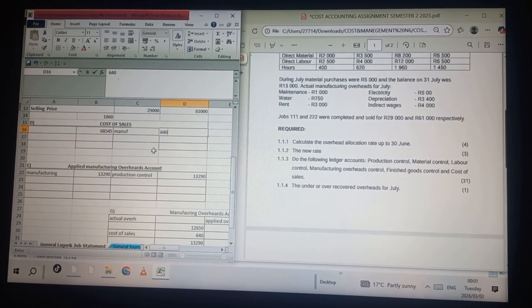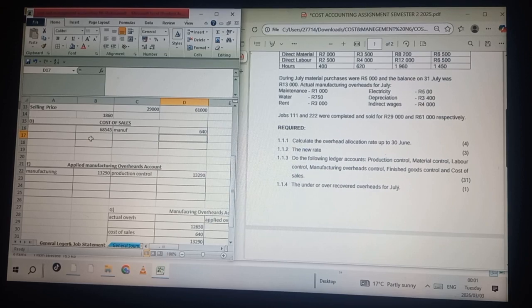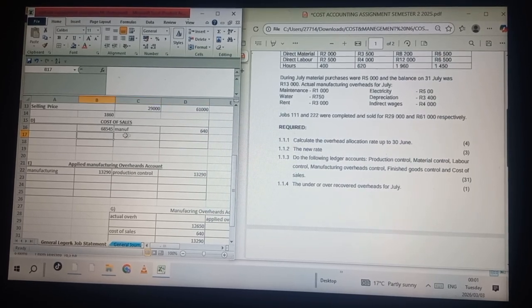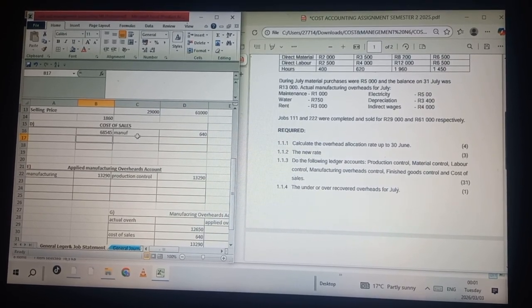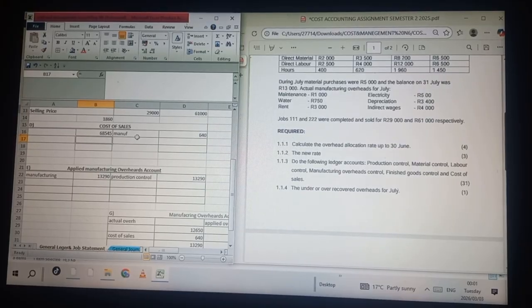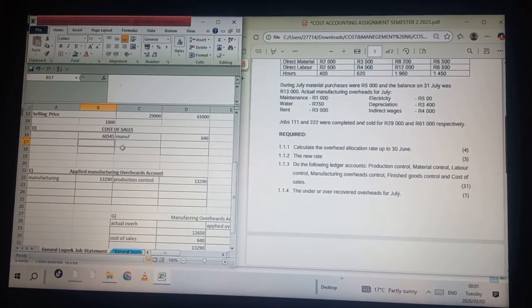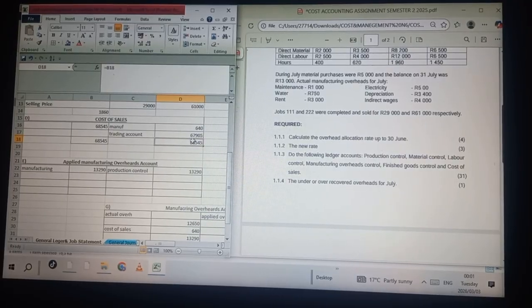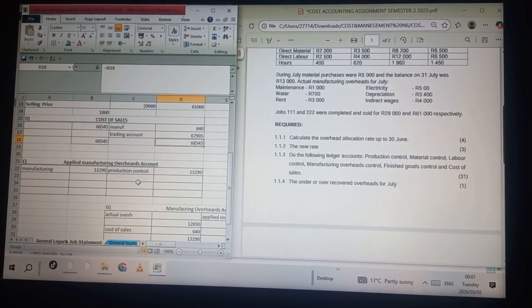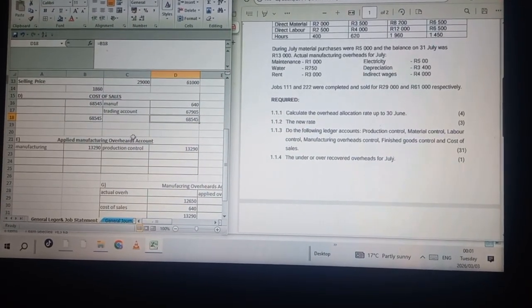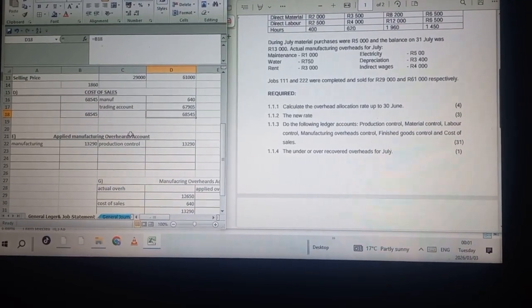And also cost of sales, whenever you close it, you don't close it as balance brought down, you close it as trading account. Trading account is the difference. We get 67,905 rand. This is how you treat your cost of sales.